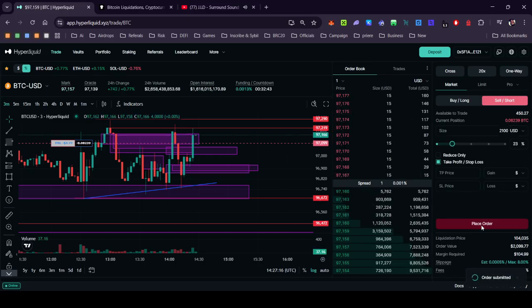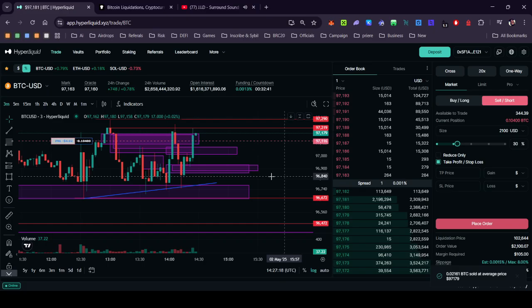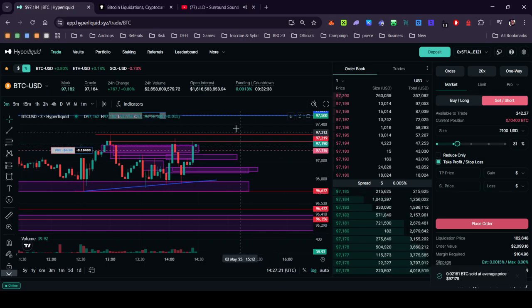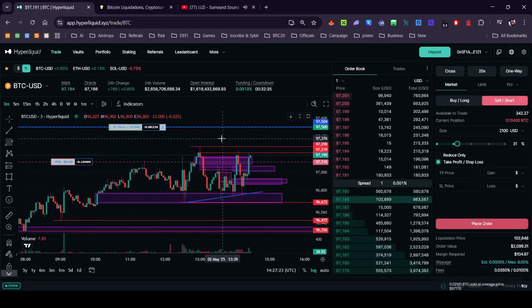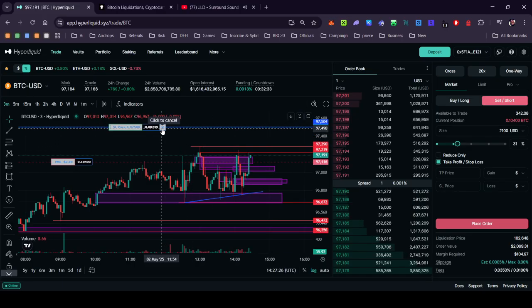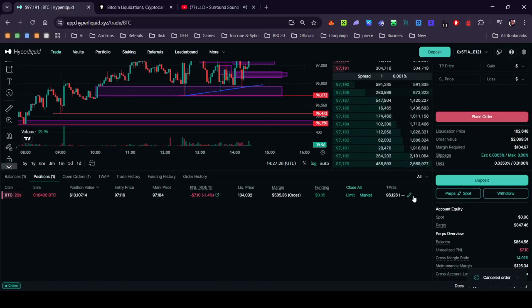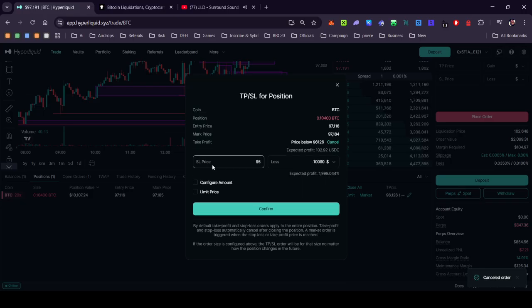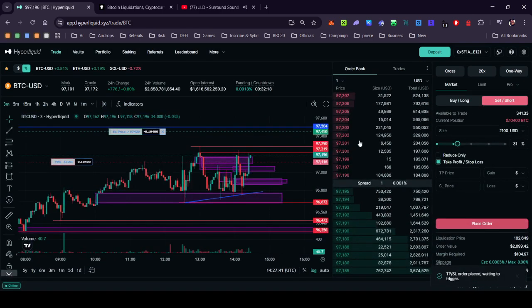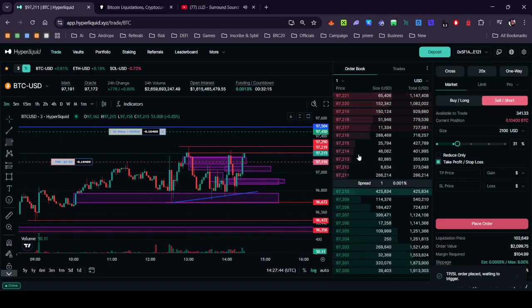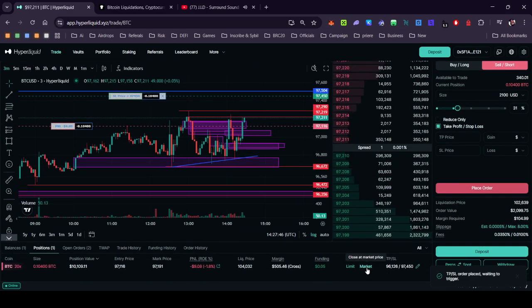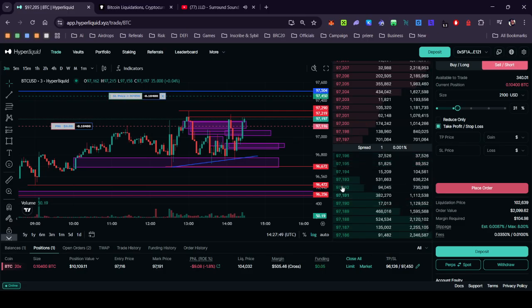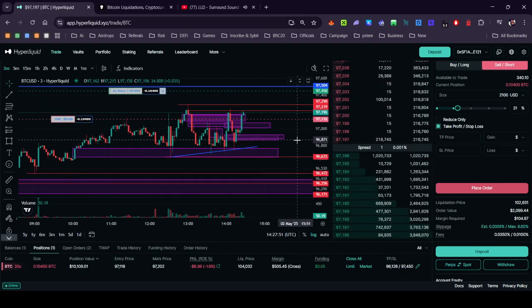Last opening trade, price doesn't want to go toward my side, but I'll have to cut into a loss.